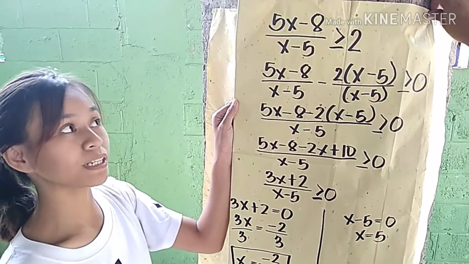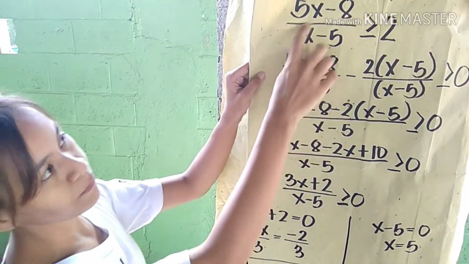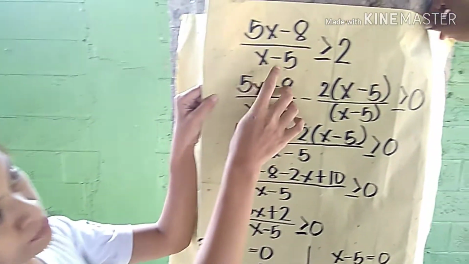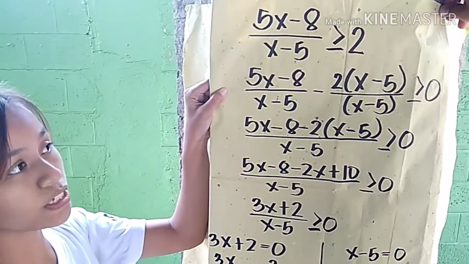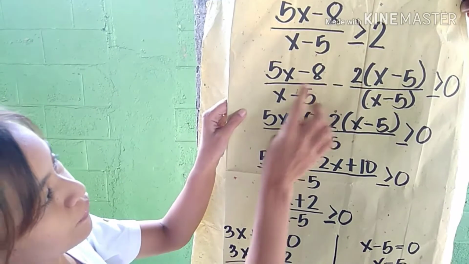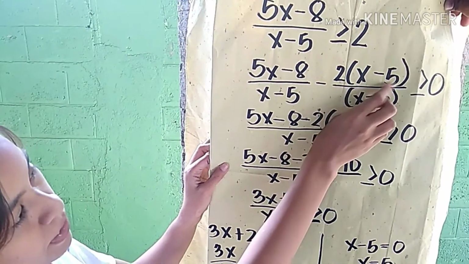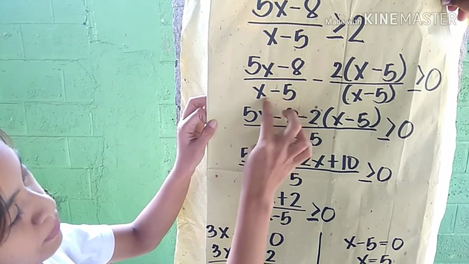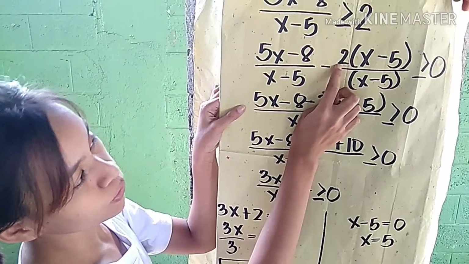We have an example here of a rational inequality. So, the given is 5x minus 8 over x minus 5 greater than or equal to 2. So, the first thing to do is we have to transpose 2. So, 5x minus 8 minus 2 multiplied by x minus 5, and then over x minus 5. So, we just have to multiply negative 2 times x.